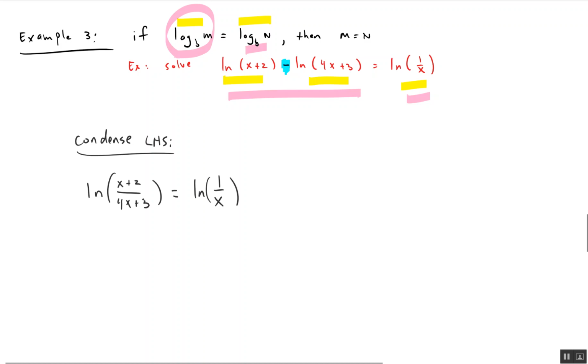So perfect. Now we have one log on the left, one log on the right. We can set the inputs equal to each other. So that quantity on the left, x plus 2 divided by 4x plus 3, must be equal to 1 over x. We set up the equation and we can solve.